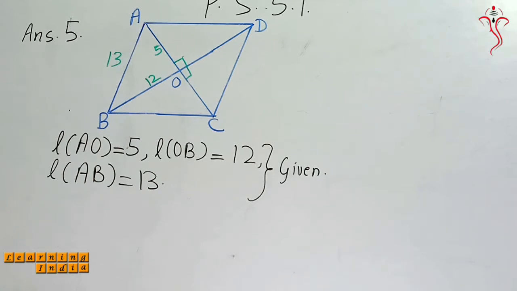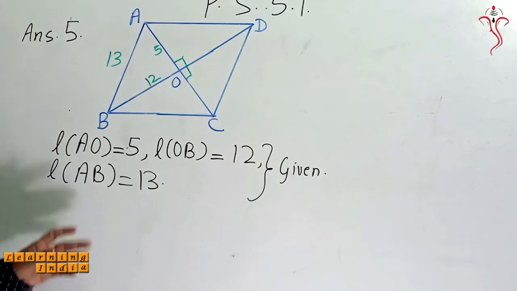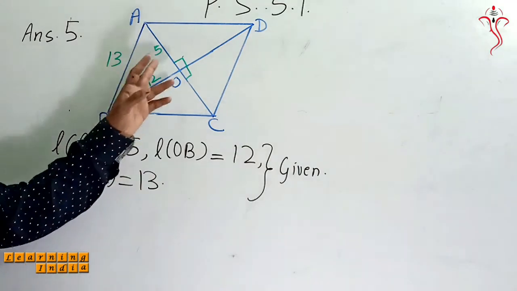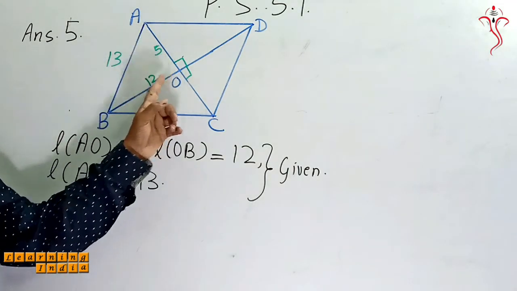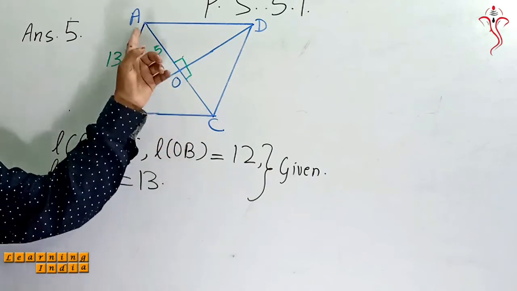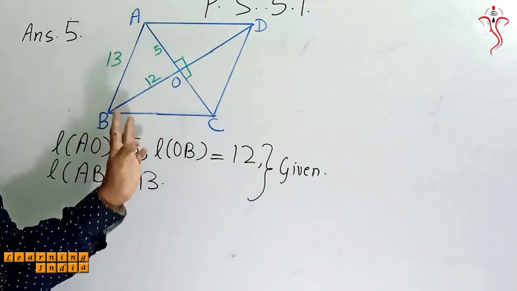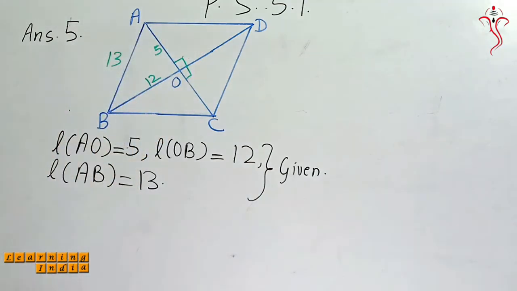So already written here, length OA is 5, OB is 12 and AB is 13 given to us. So first what we will do, we will see whether it forms a right angle or not. Angle AOB. If it is a right angle, so what will happen? The diagonals bisect each other perpendicularly. So it becomes a rhombus. This is the property of a rhombus.